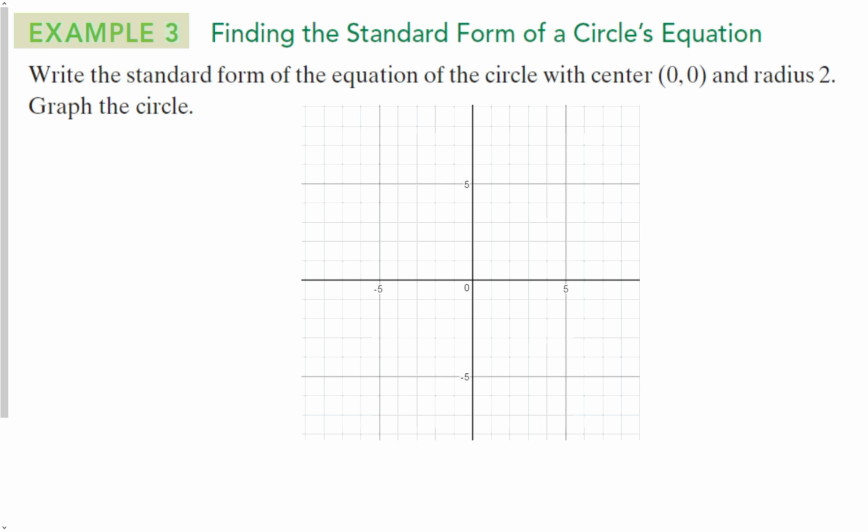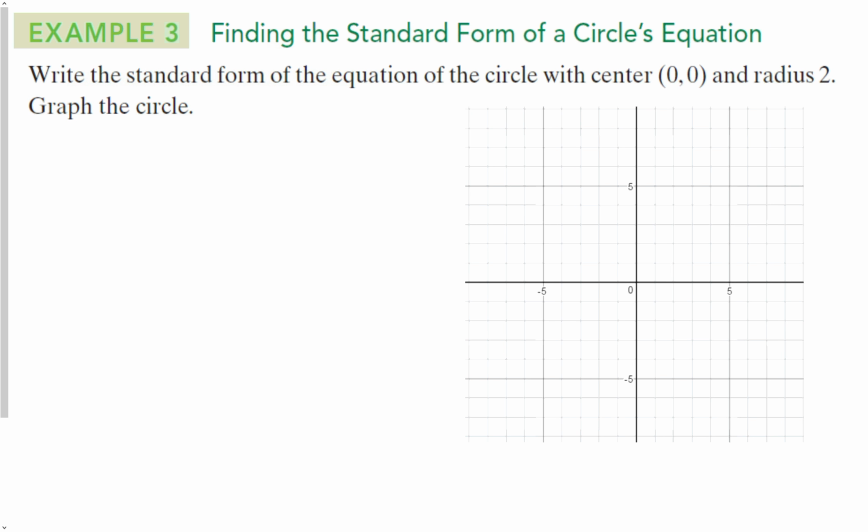So let's just slide this over for a second. My equation for a circle is (x − h)² + (y − k)² = r². Now we can just fill in the numbers.